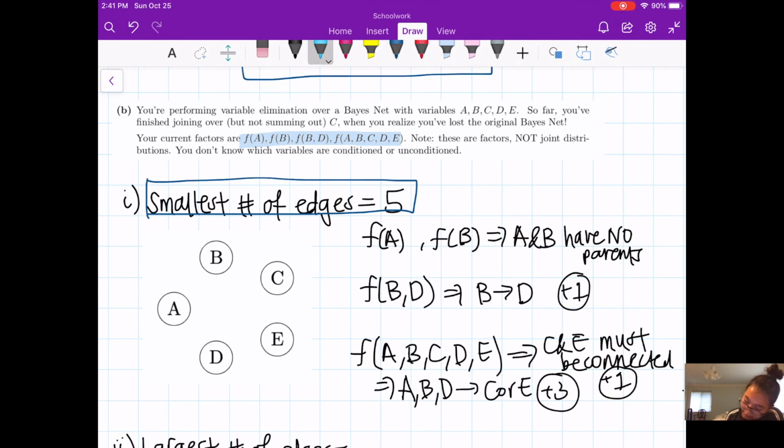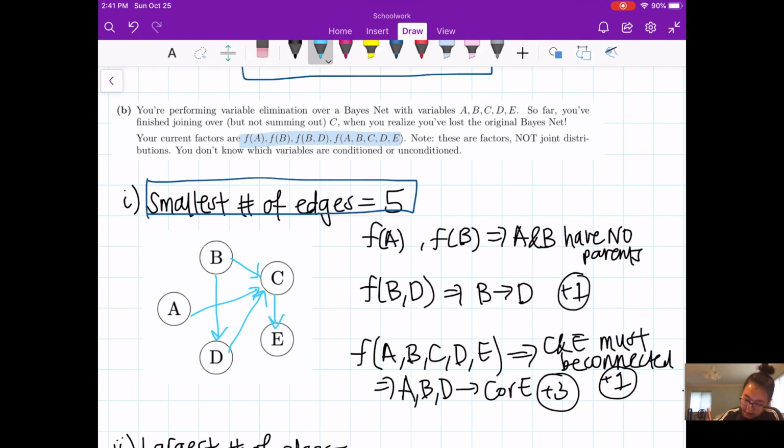So we will have B going to D, and then among C and E, either can be the parent. I am just going to arbitrarily choose C as the parent, but you can flip it around too. So my arrow is going to go from C to E, but the opposite is fine too. And then we just need A, B, and D to all at least connect to the parent of C and E in isolation. So then here, here, and here. And then here are the 5 edges you have.